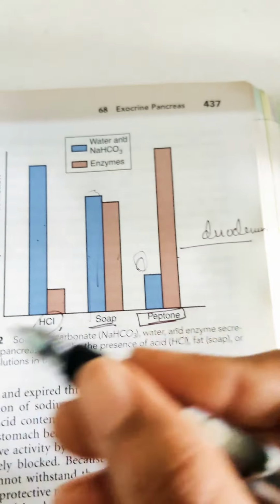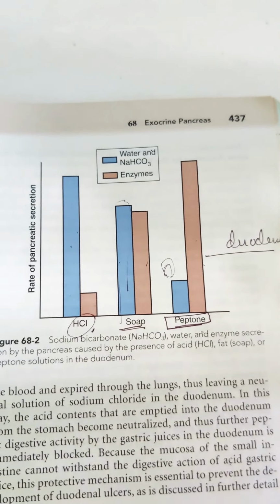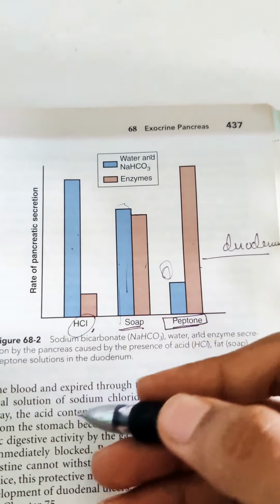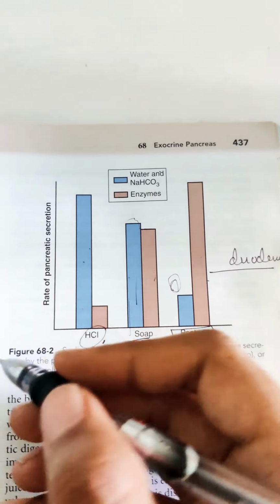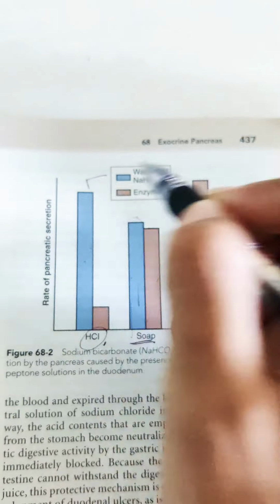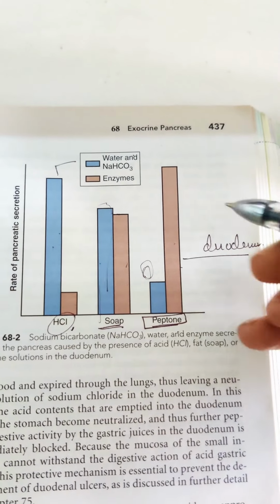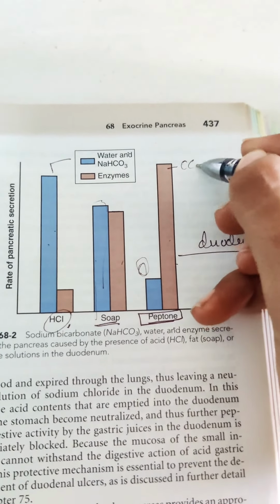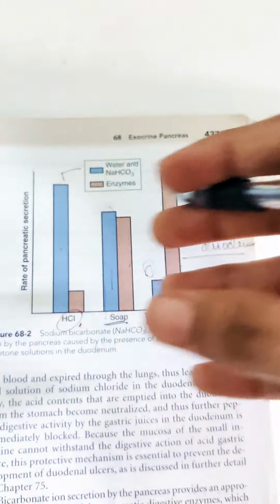By this we can find out which is an action of cholecystokinin and which is an action of secretin. Where bicarbonate and water are more, this is the action of secretin, and in peptone, where there are more enzymes, CCK works more. So you can correlate like that.